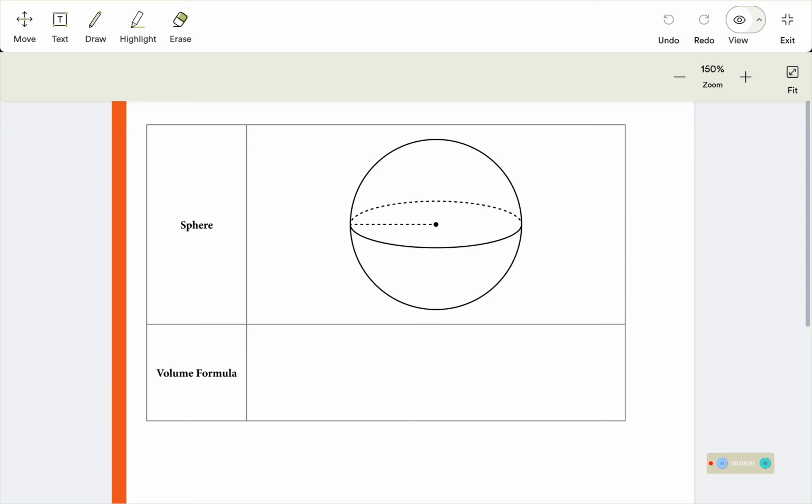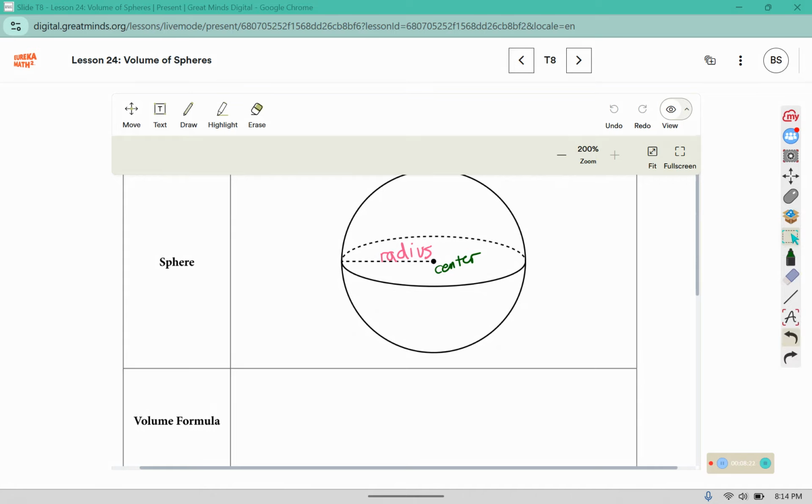In your workbook on page 370, we're going to add some more notes to our graphic organizer. We can label the radius and the center of our sphere. Then in the volume formula, we have V equals 4/3 radius cubed times pi.